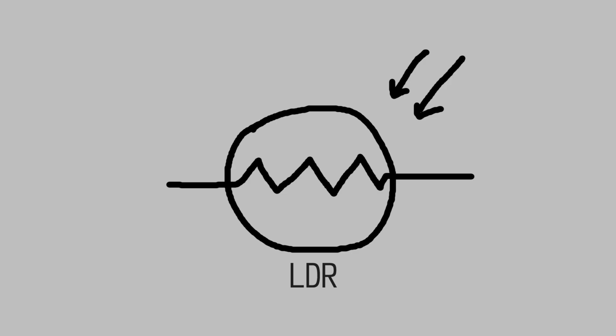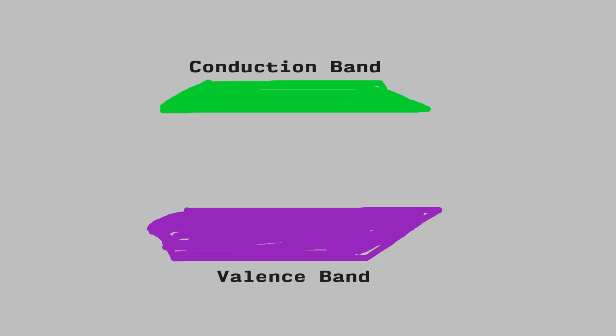But a quick overview. An LDR, light-dependent resistor, or photoresistor, as the name implies, is a resistor that responds to light. As light hits the surface of the LDR, the resistance drops, allowing more voltage and current to flow or pass. How this works is due to its design in 3 sections or bands: the valence band, the conduction band, and this band gap.